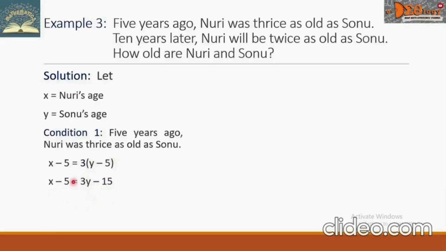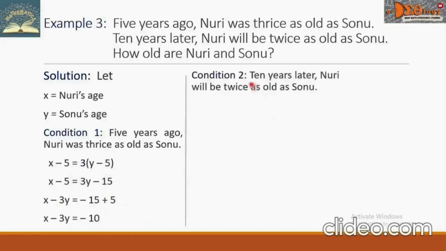This negative 5 we transpose to the right. So we have x minus 3y equals negative 15 plus 5. Right side becomes negative 10. Now condition 2. 10 years later, Nuri will be twice as old as Sonu. Again, we represent the age of Nuri as x plus 10.